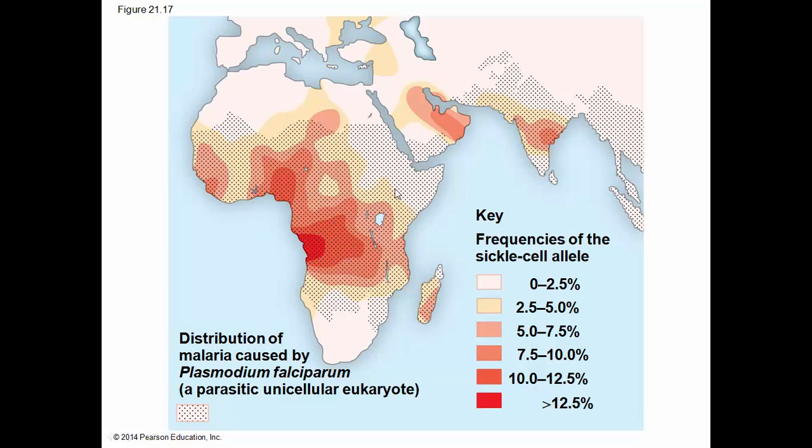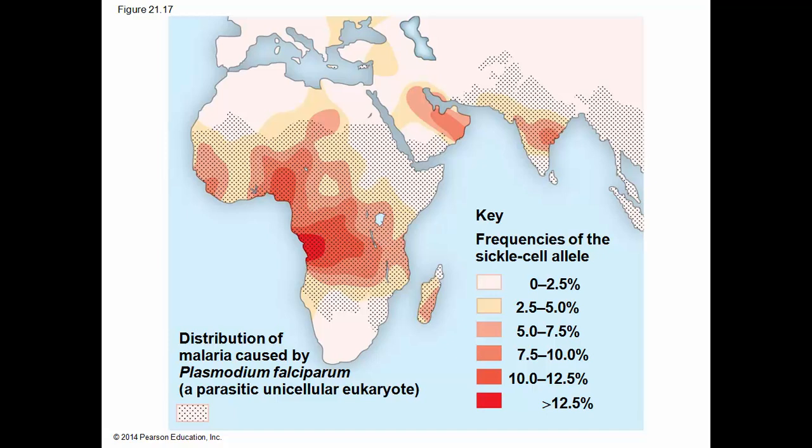It occurs all over this region, but the sickle cell trait is most frequent in West Africa and in parts of India. And this trait helps people to adapt. If you have the heterozygous advantage, you're adapted to survive that malaria.